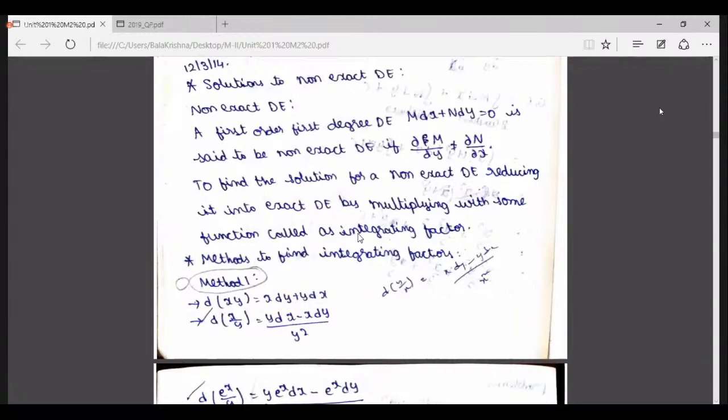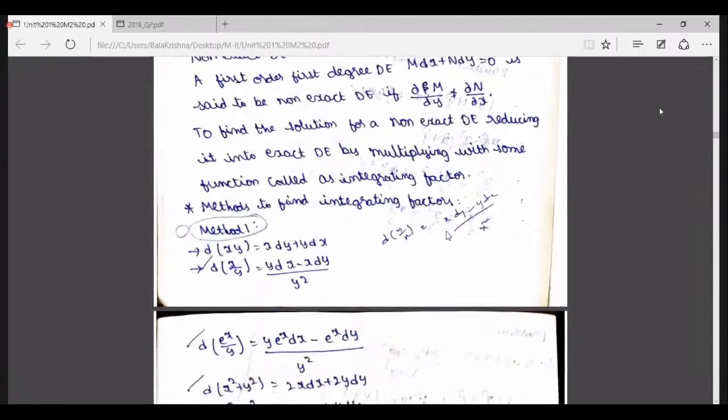To reduce that into exact, we are supposed to multiply with a function called the integrating factor. Okay, so how to find that integrating factor is the important point for us. Because we don't know exactly what that integrating factor is, to find it we are given some methods.